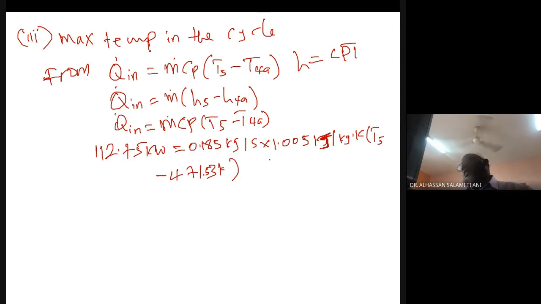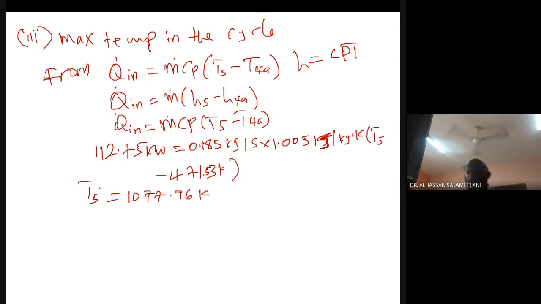So from this equation now, we can deduce that T5 equals 1077.96 Kelvin.